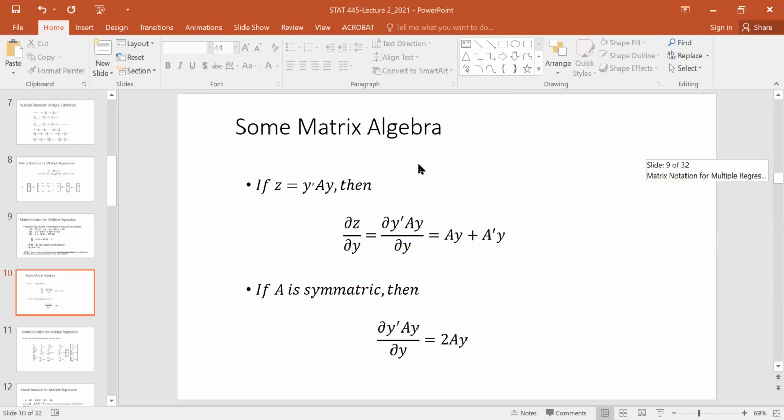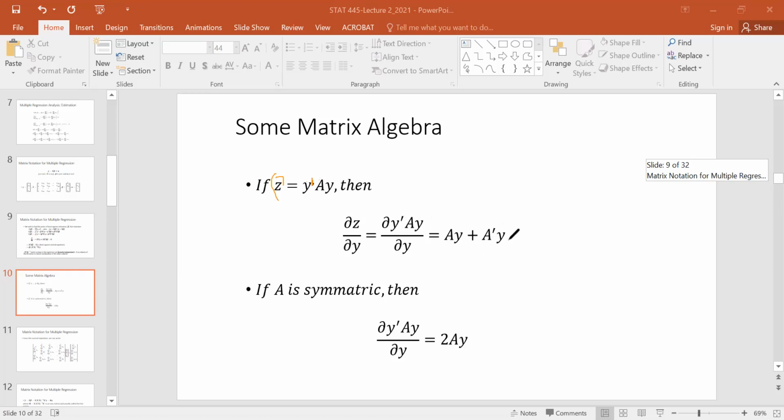Okay, and now on the next slide, let me go there and show you the algebra. So look at the matrix algebra here. It says that if I have z equals something transpose A something y, and I'm differentiating this z with respect to y, the result is Ay plus A transpose y.